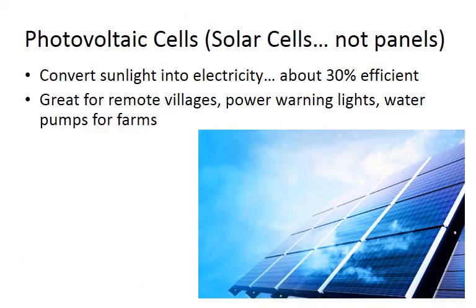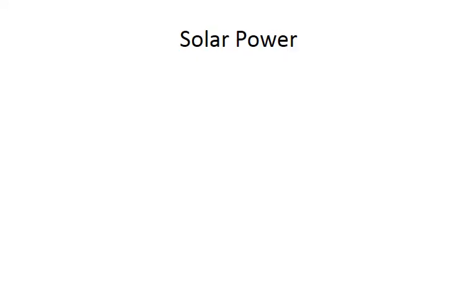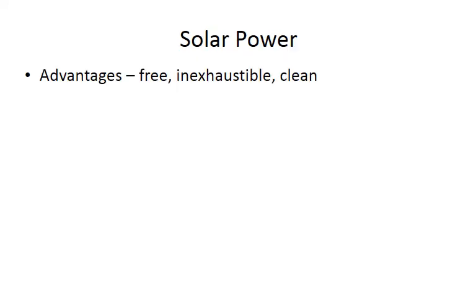Now, solar cells convert sunlight into electricity. They're about 30% efficient. They're great for remote areas, warning lights that are away from electricity, water pumps for farms, a lot of good potential use for them. And some advantages, again, they're free.